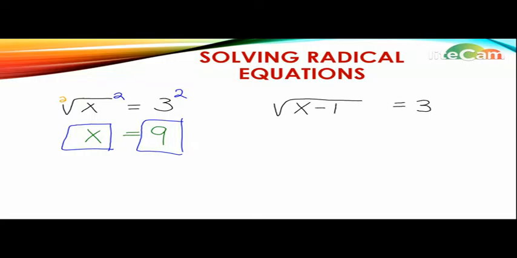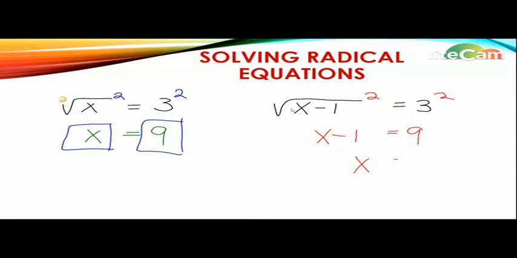So now let's change it up a little bit. What if I had x minus 1 underneath? Can I still square both sides? Absolutely. And if I did that, I would get x minus 1, which would make this all by itself, okay? And 3 squared equals 9. All right, before I finish this off, look at this.